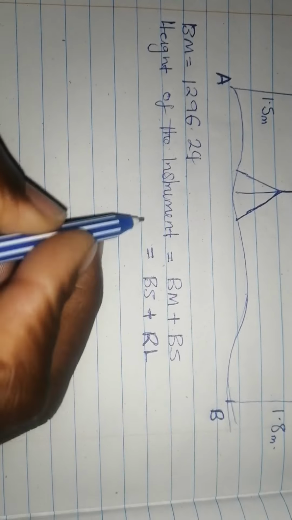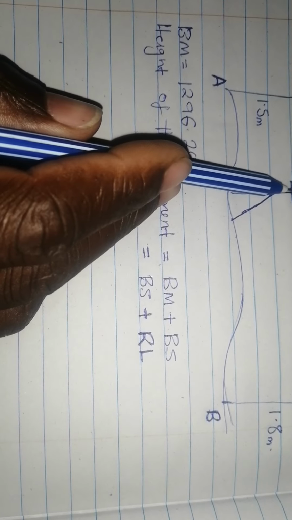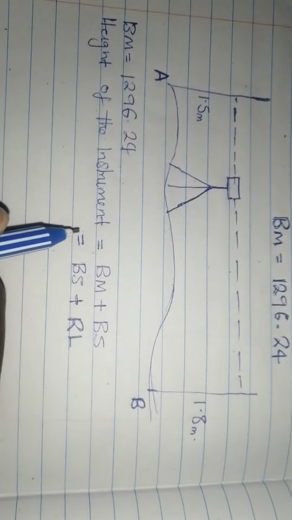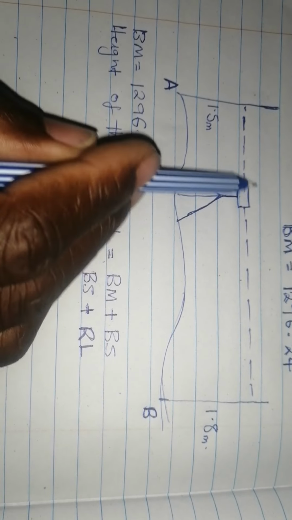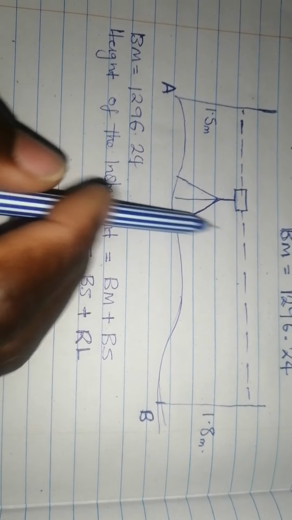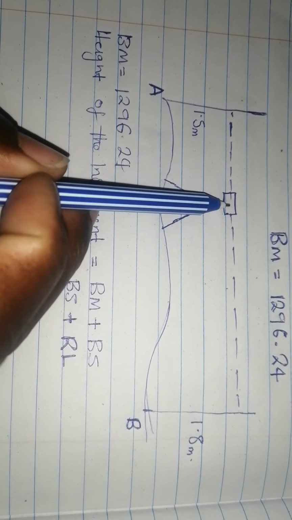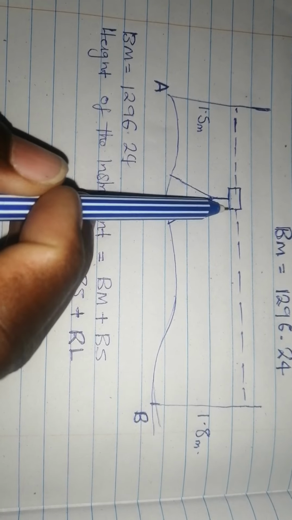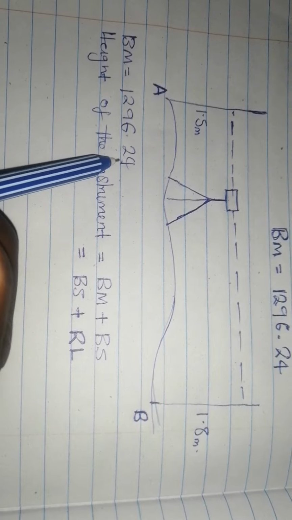So let's get that. In this case, we are going to set our machine at this particular point. So let's imagine that we are backsighting this machine to a benchmark, which is 1296.24.